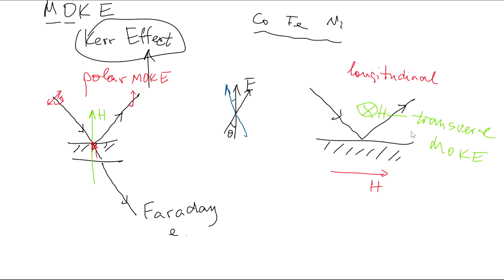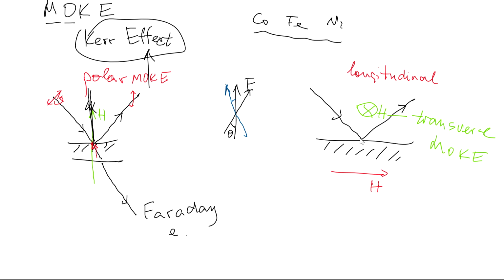Okay, transverse MOKE. So the difference between these three geometries is that the polar mode is typically done at normal incidence, so light comes in and goes back at normal incidence, and it is sensitive to out-of-plane magnetization. These two are sensitive to magnetization along the plane of incidence.